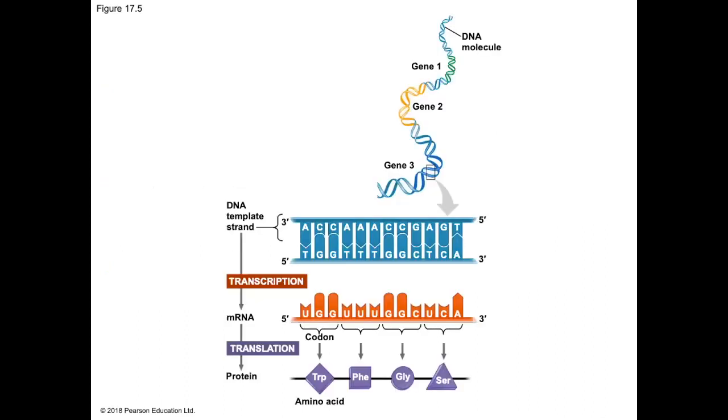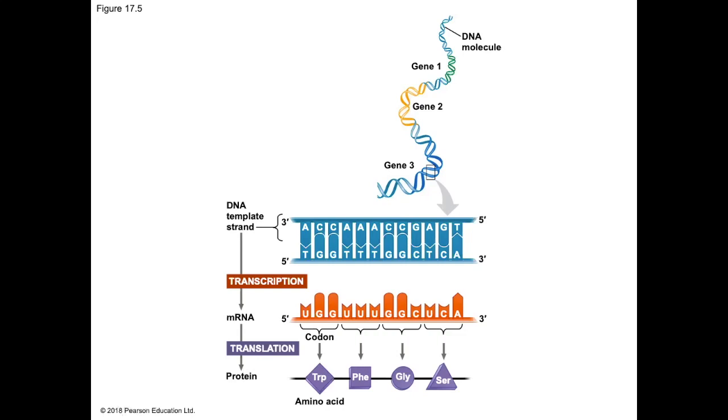So here's an illustration of how genes are translated into proteins. First, you have a DNA template strand, and then it will be transcribed into an mRNA. So you have a single-stranded mRNA, and these are the words. One nitrogen base is equivalent to a nucleotide word.